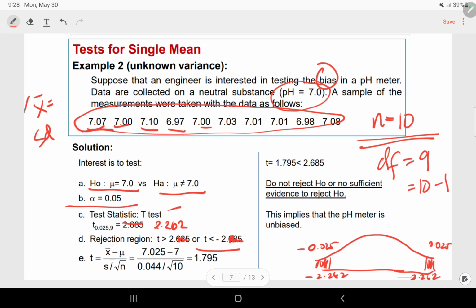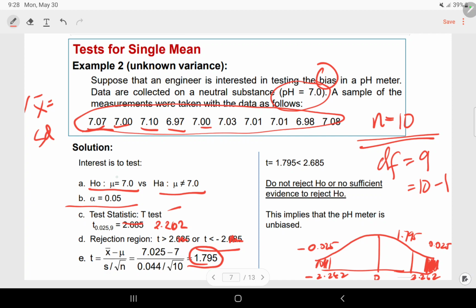So, we'll obtain 1.795. So, yung positive 1.795, wala siya dun sa rejection region. No? So, what we're going to do is we will not reject H0. We will fail to reject H0.